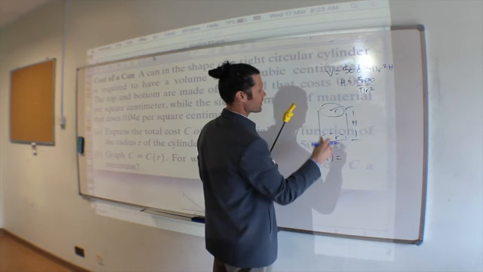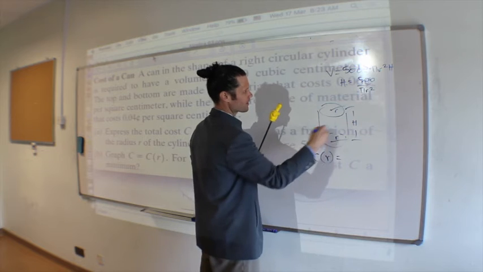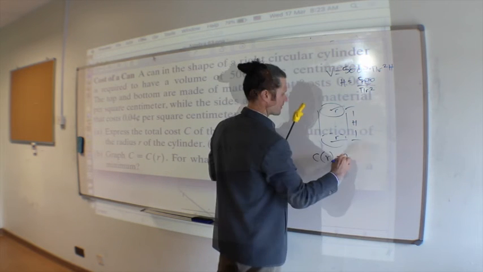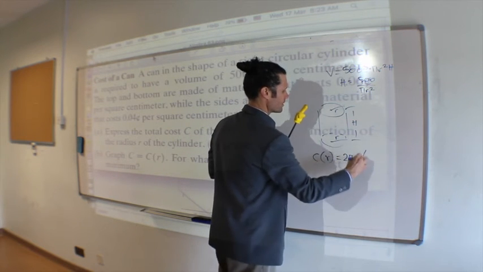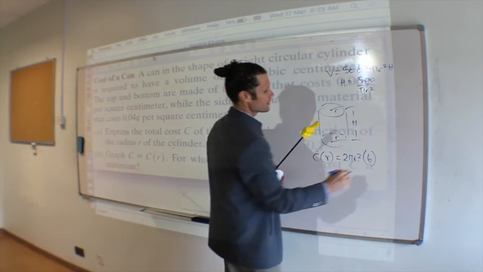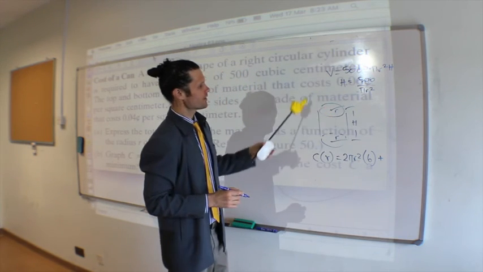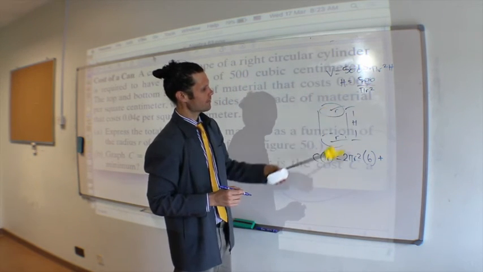So we need the surface area. So we've got pi r squared on the top, pi r squared on the bottom. So 2 pi r squared times 6 cents per square centimeter. And then we're going to add to that 2 pi r for the circumference of the top times the height.